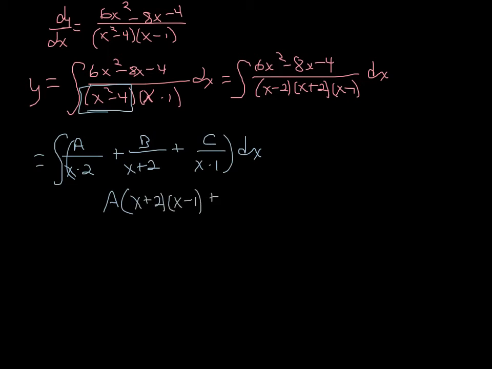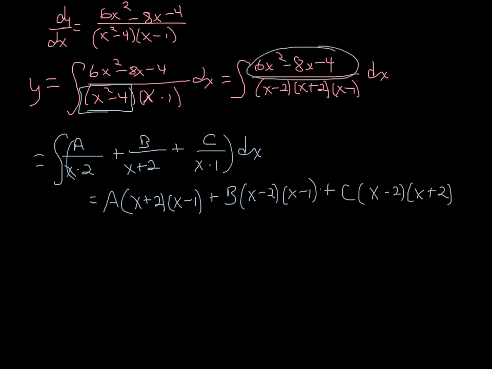And the same way with B, and the same way with C. And when we do that, that should equal our original numerator, which is 6x squared minus 8x minus 4. And now everything's going to work the same.